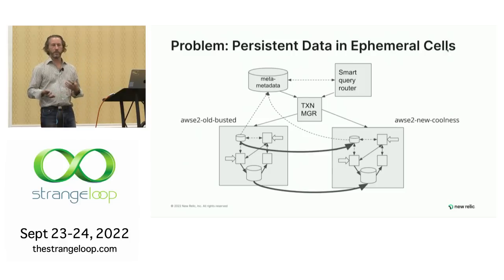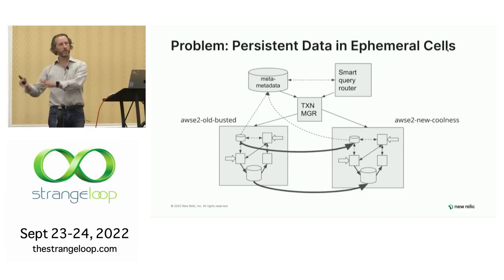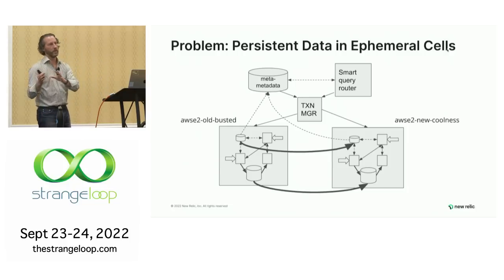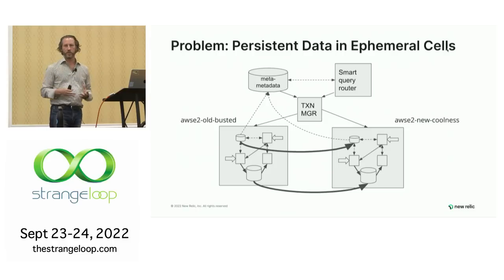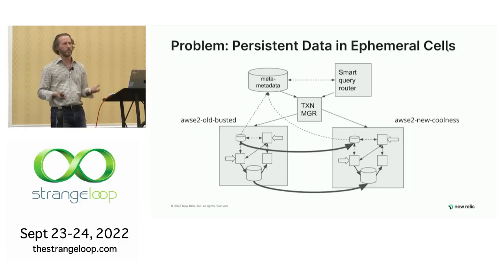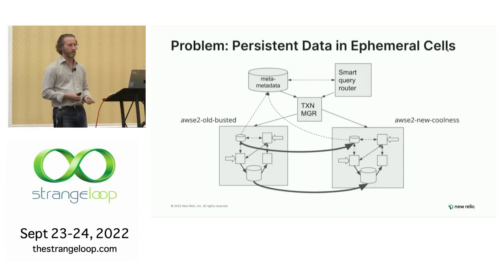In order to do this with the lift and shift architecture, we had to build this system where we copied all of the data from one cell to another, copied all the metadata also from one cell to another, and then built a transaction system in order to be able to do this without any flaws in queries that we were running. This is very time consuming and very complicated. It was a fun distributed systems problem to work on, but it added a lot of complexity into the system.